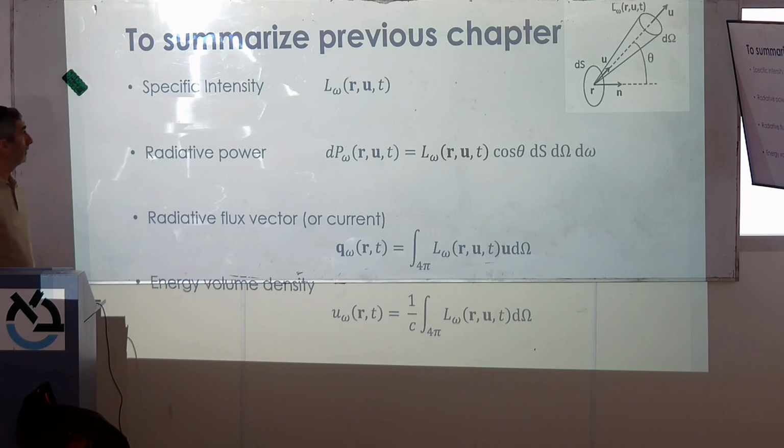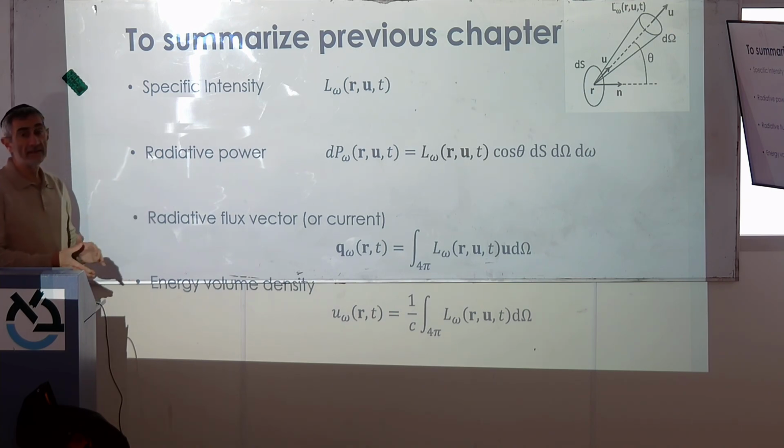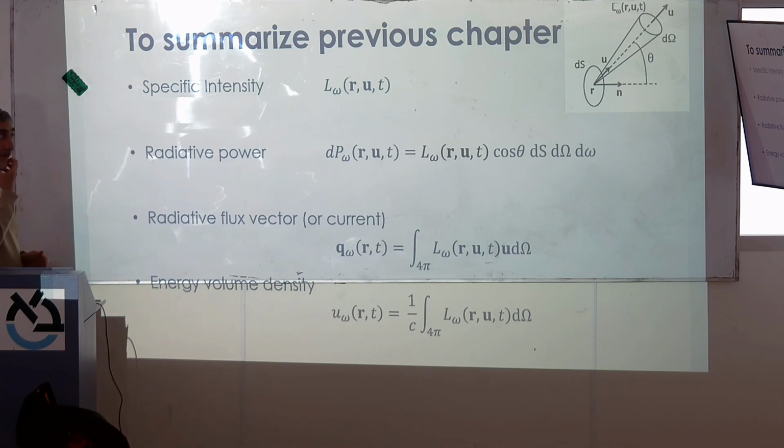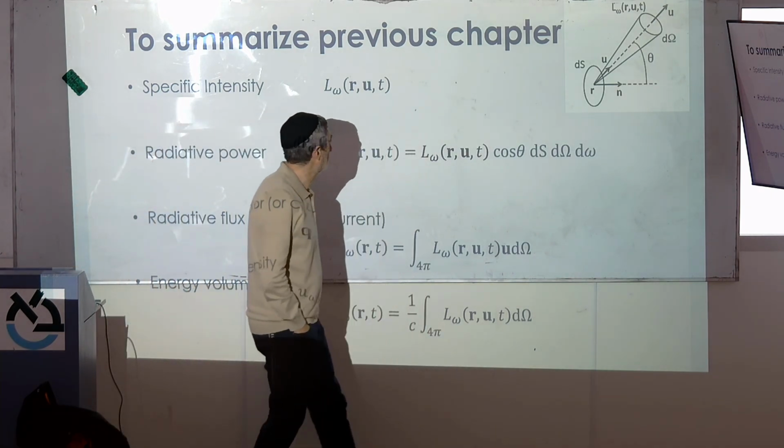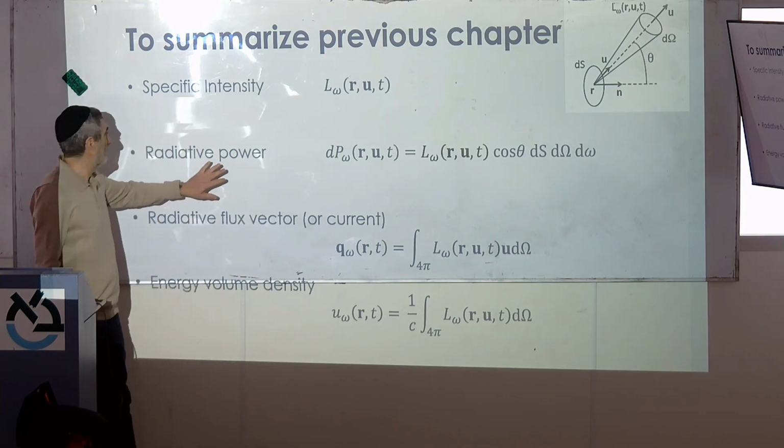So I introduced a number of quantities that are useful in this domain. You remember that everything is around the specific intensity. The specific intensity is defined from the radiative power.